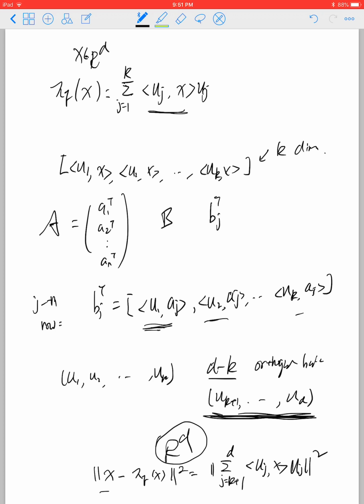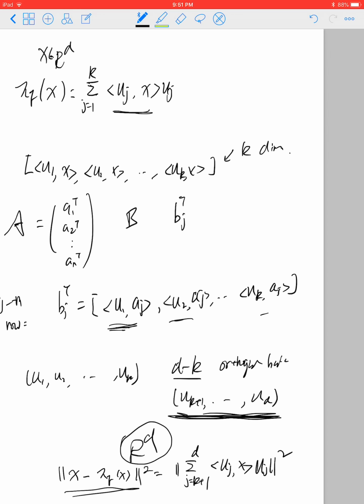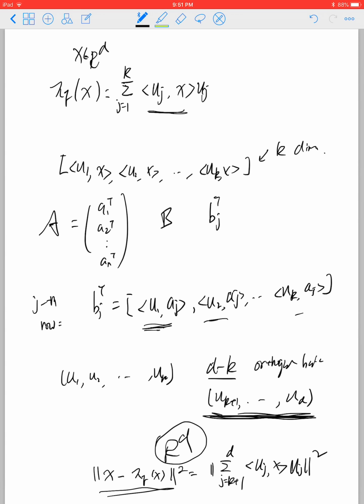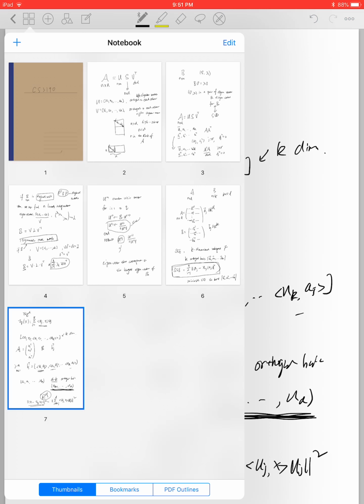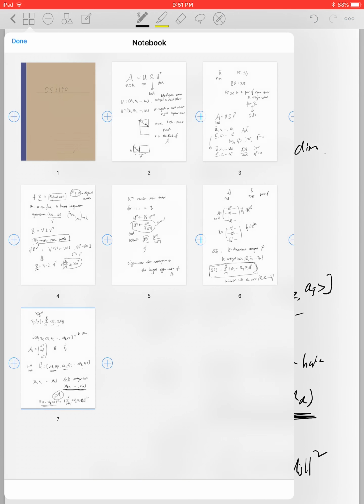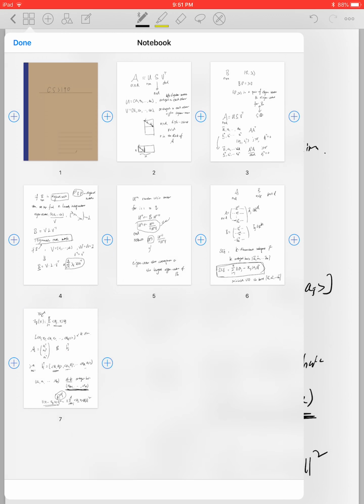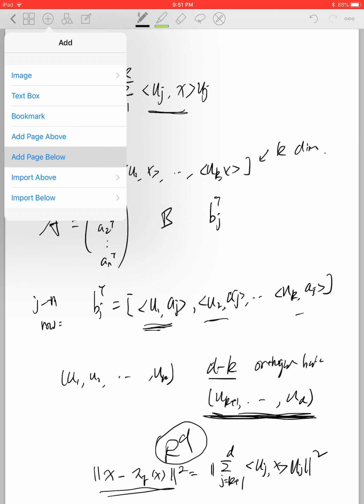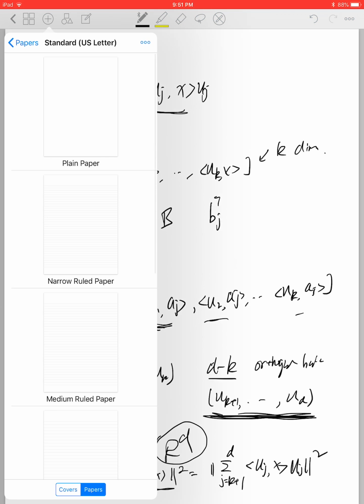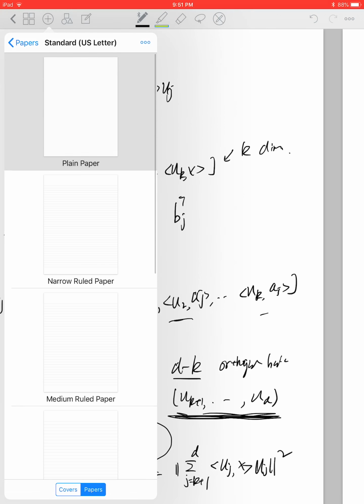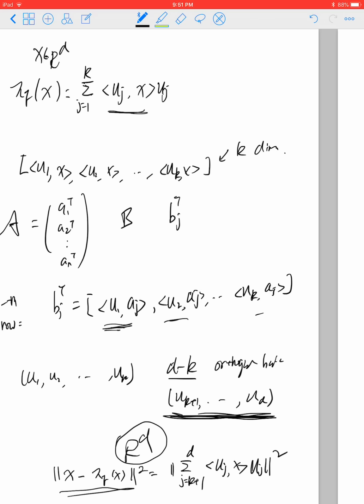So now the question becomes, how can we minimize this problem? How can we minimize this SSE? Actually, we explained it a little bit in our previous lectures, right? So basically, we can assume, in addition to U1 to UK, we can add extra d minus k orthogonal basis.